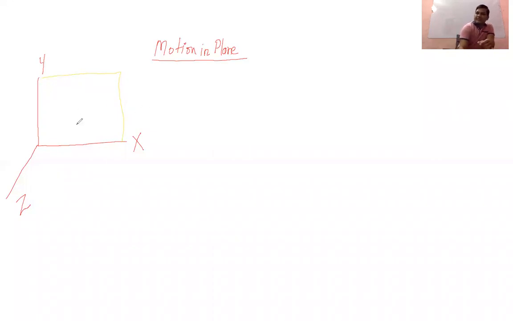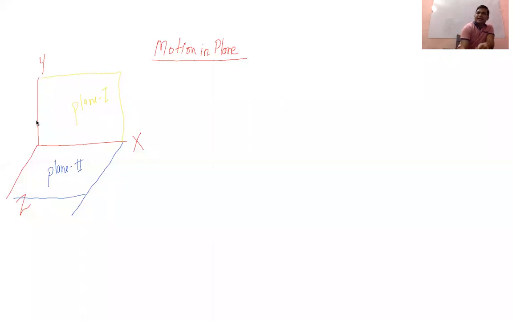So this is one of the planes, this is plane 1. And for the second we can see here, this can be another plane, this can be your plane 2. Here the XY axes were making a plane. Now this YZ can also act as a plane.